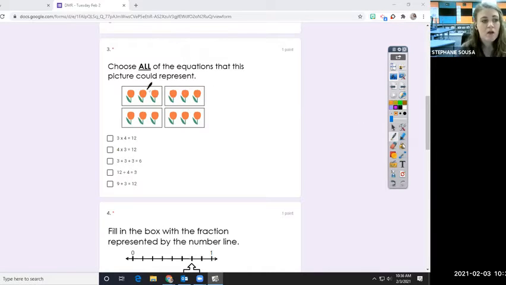All means it's a good clue that there's going to be more than one correct answer, okay? I noticed there are 4 groups. 1, 2, 3, 4. I noticed there are 3 flowers in each group. I noticed that there are 12 flowers altogether. 3, 6, 9, 12. So my numbers that I'm using are 3, 4, and 12.